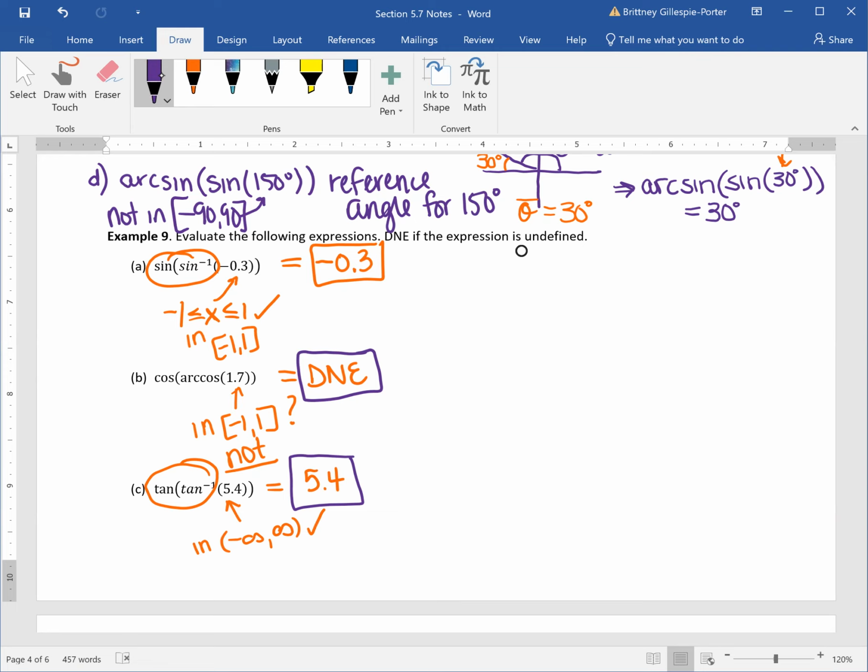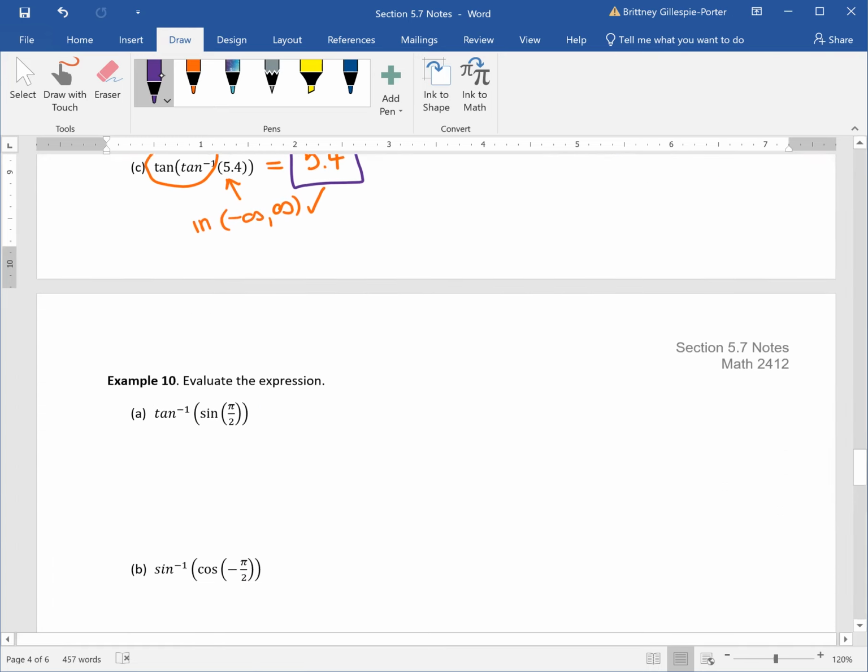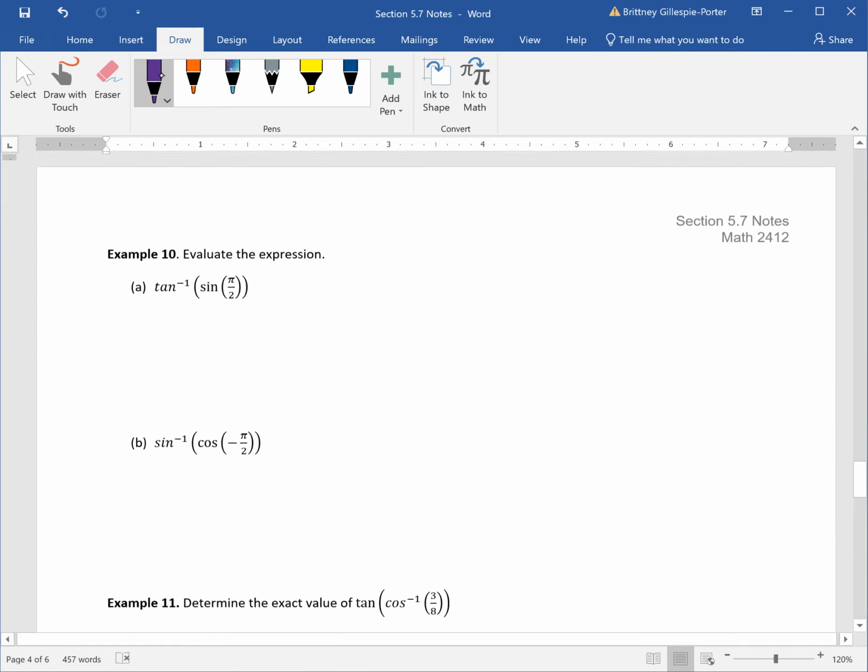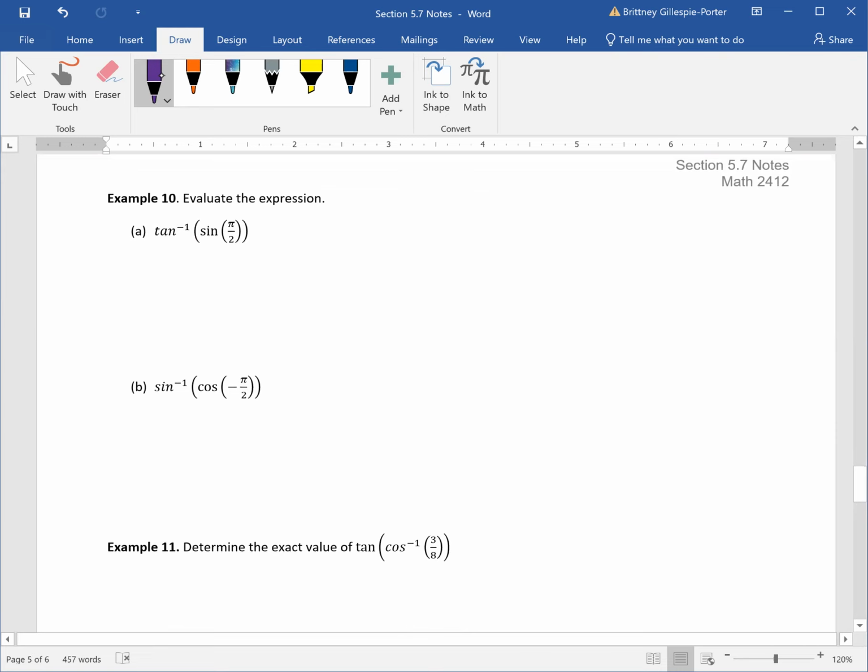Let's look at example number 10. Because we are wanting exact answers when we're evaluating the expression, let's go ahead and look at our angles. Sine of pi over 2.